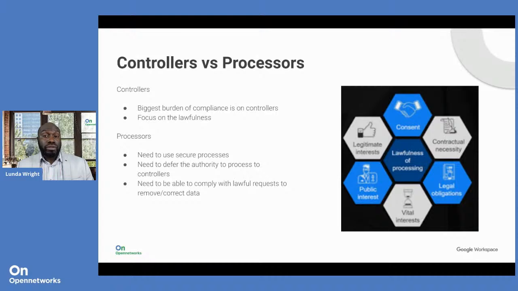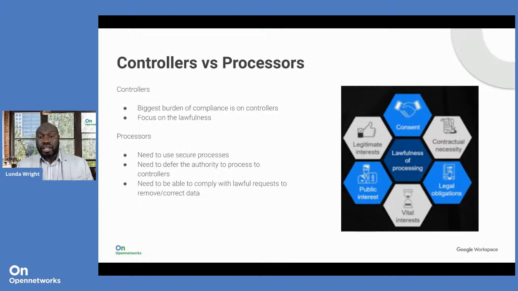Controllers are the people who essentially acquired the data or acquired the legal obligations around the data. Processors, on the other hand, are the parties that work with the controllers in order to manage the data.